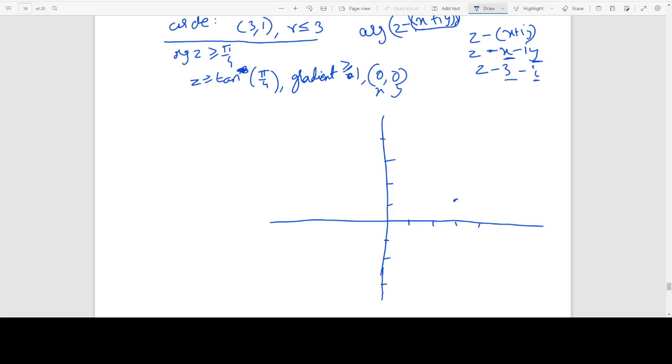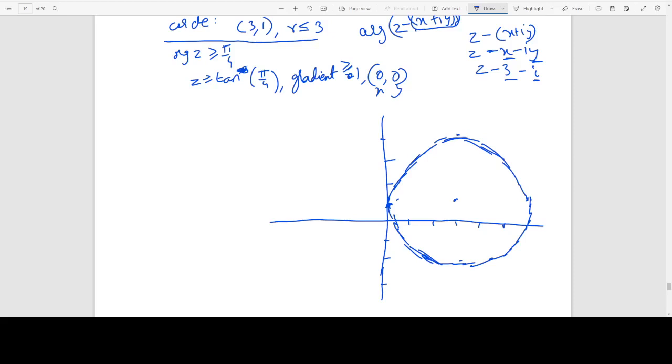So the 3 points on the circle are, so we just draw a circle, and its radius less than or equal to 3. So we'll take the inside of the circle, but let's just not shade at this moment.